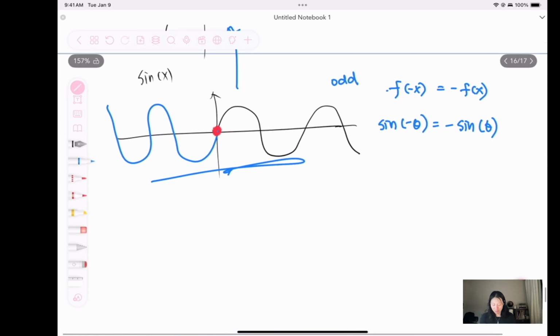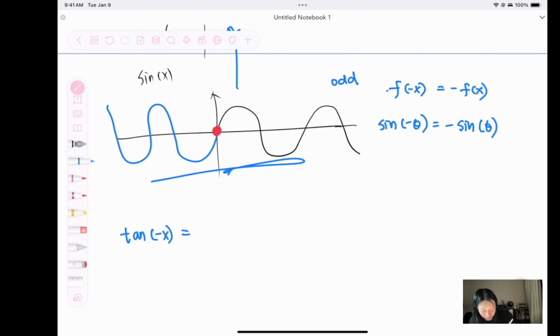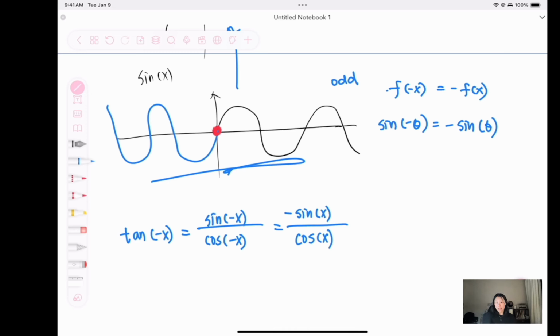Now, tangent. Let's prove it. Tangent of negative x equals sine negative x over cosine negative x. And we know that sine negative x equals negative sine x. It's an odd function. And cosine negative x equals cosine x.